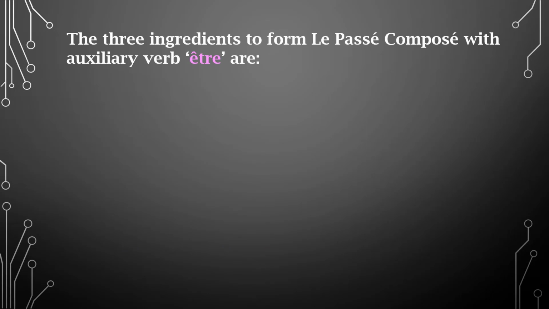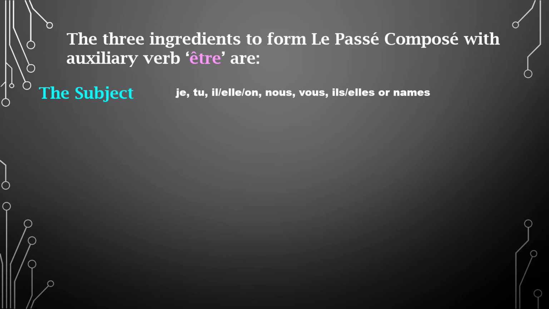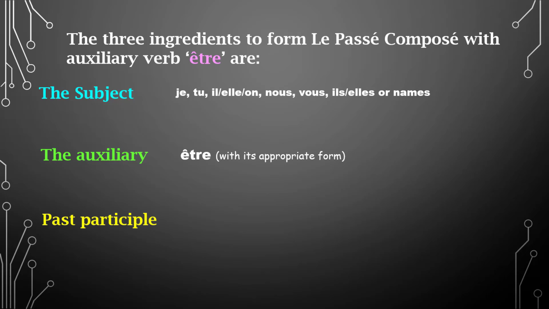So again, the three ingredients to form le passé composé with auxiliary verb être are the same. The subject, the auxiliary, and the past participle.